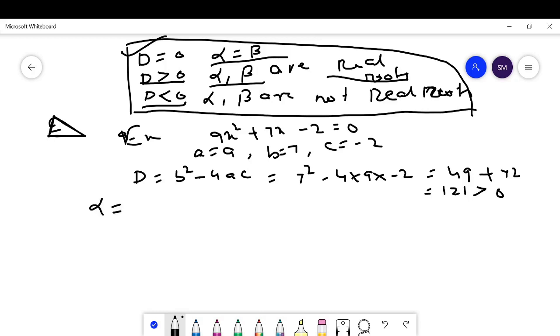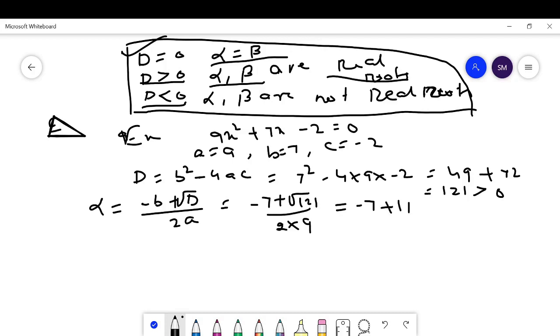Alpha is equal to minus b plus square root of d upon 2a, which is minus 7 plus square root of 121 upon 2 into 9, which is minus 7 plus 11, since the square root of 121 is 11, upon 18, which is 4 upon 18, equal to 2 upon 9.